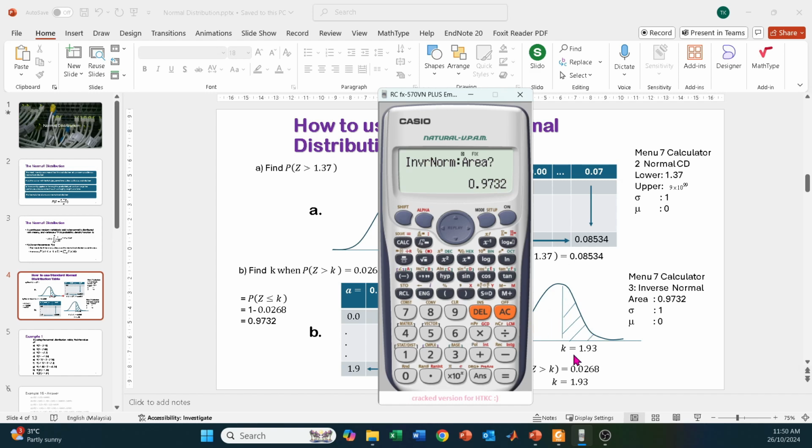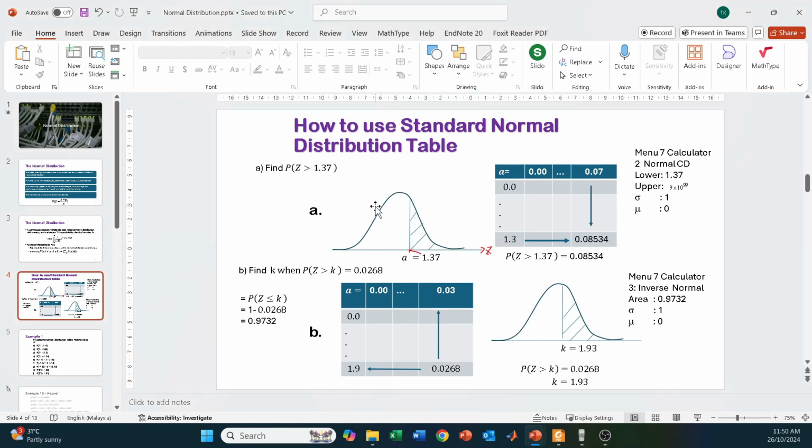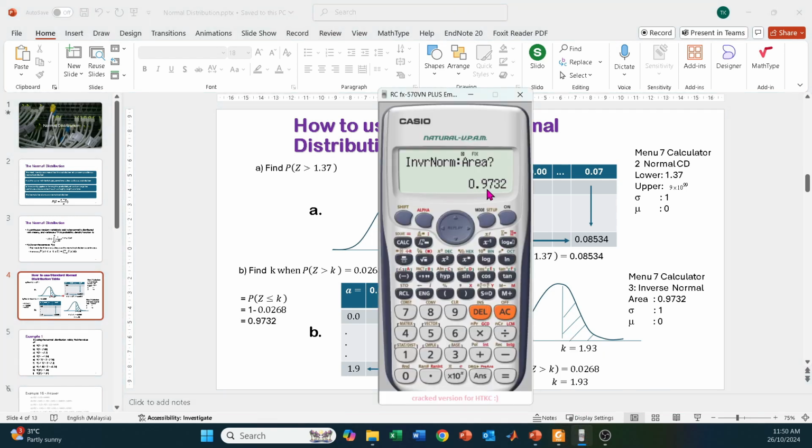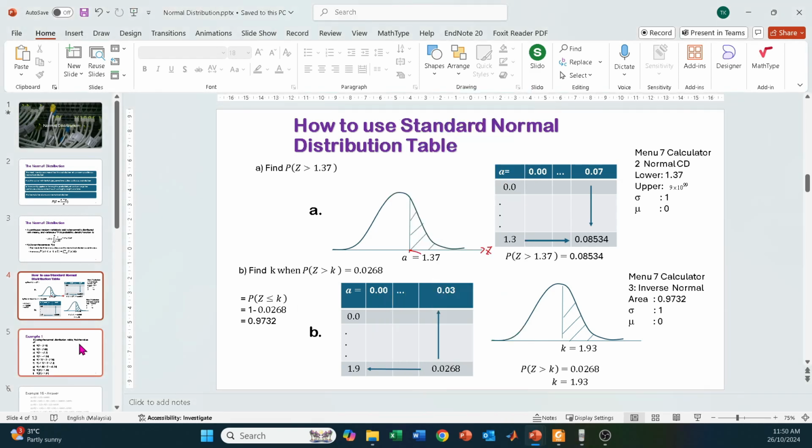The area given, 0.0268, is the right hand side area. Since the probabilities add up to 1, the left hand side area is 1 minus 0.0268, so we get 0.9732. So you key in the area 0.9732, sigma is 1, mu is 0, you get k. So k is 1.9301.